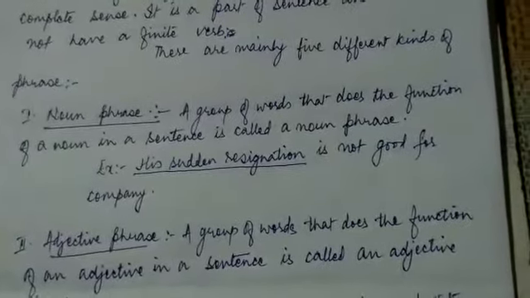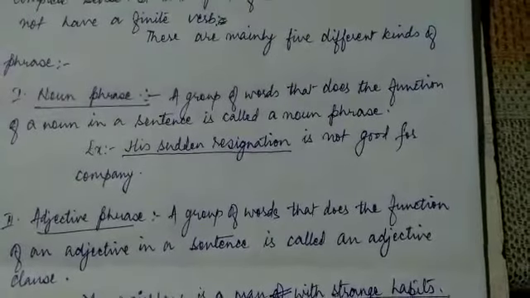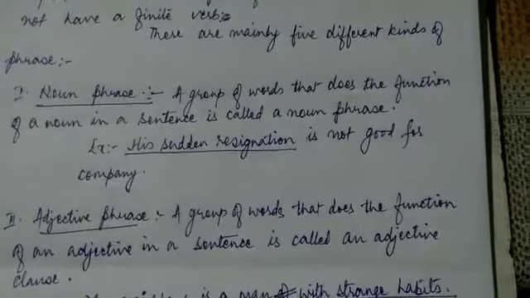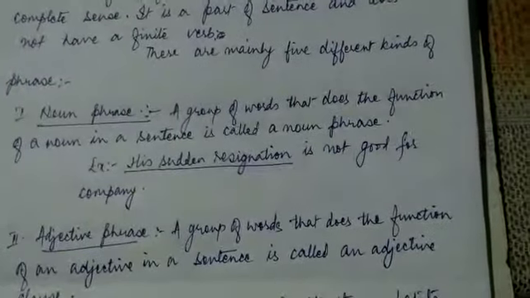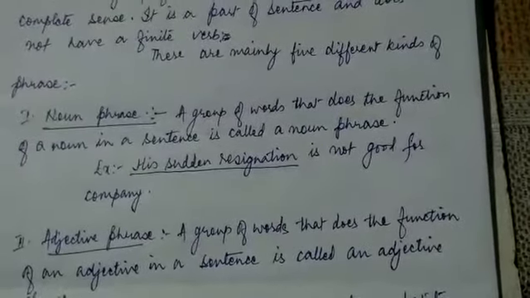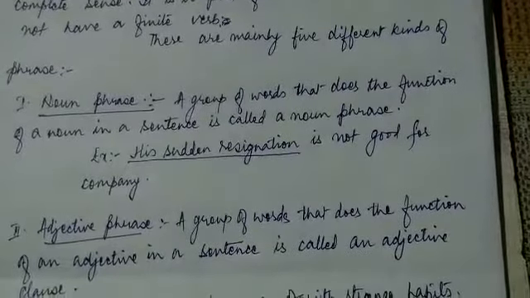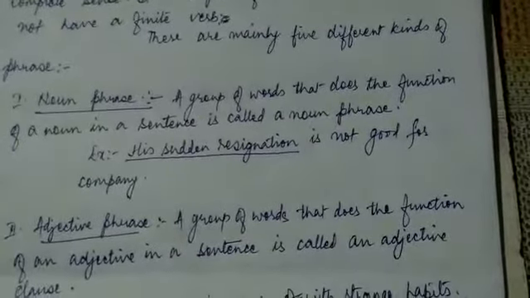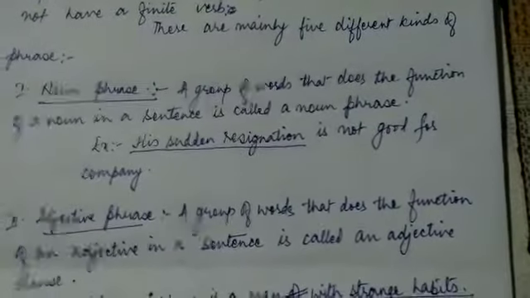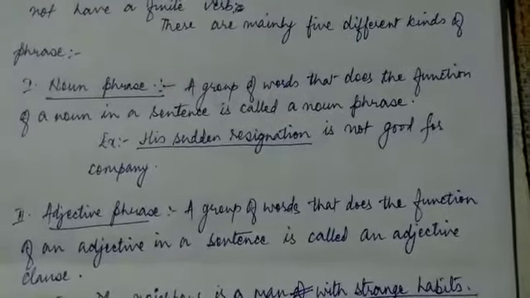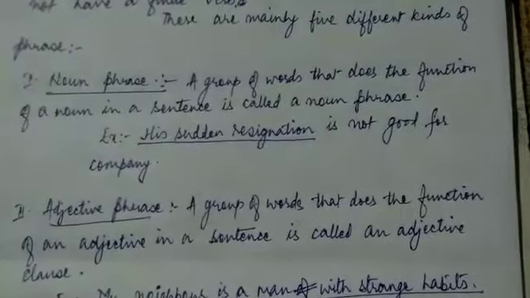Now, most of you might be confused why and how it is working as a noun. If you have studied case, you will remember that a noun functions in 3 different ways. It serves as a subject, it serves as an object, meaning direct or indirect object, and it also serves in opposition.